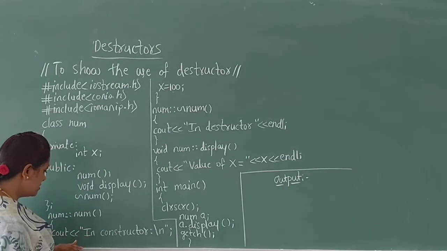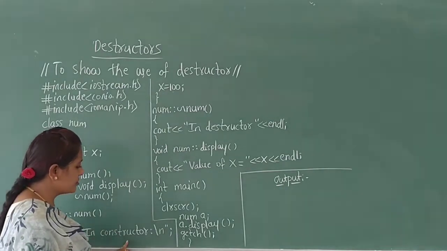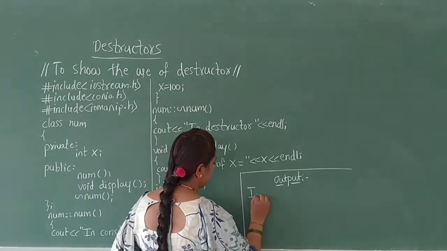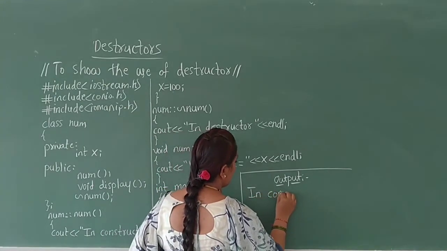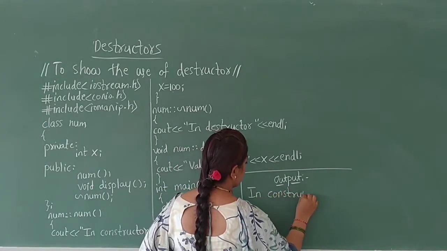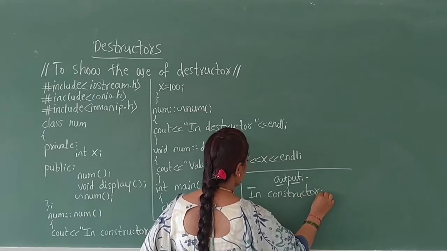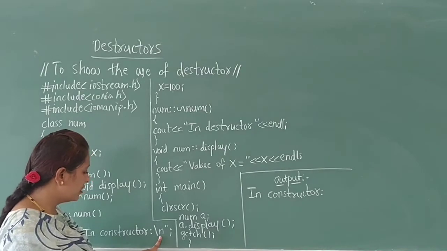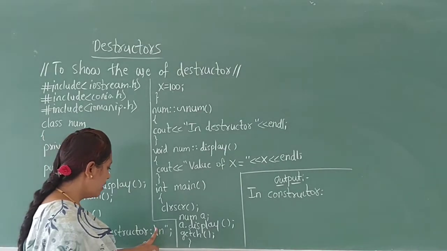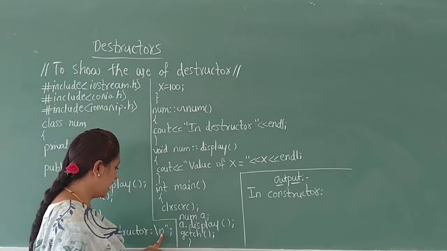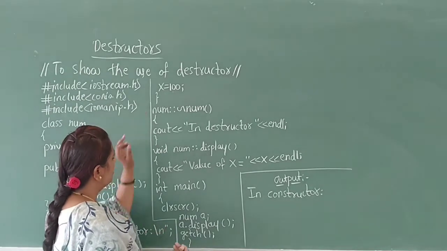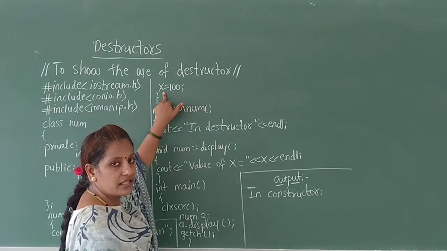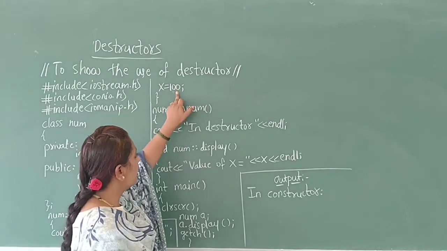First it executes the statement "in constructor". Then the format specifier \n is used, which moves the control to the next line. Then the object x is initialized with the value 100.